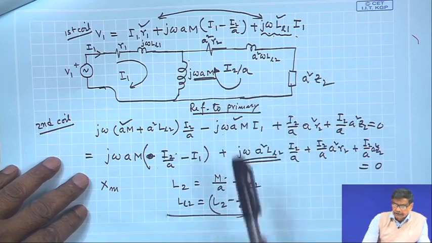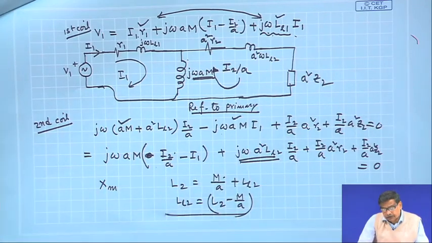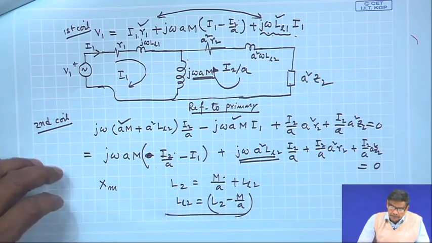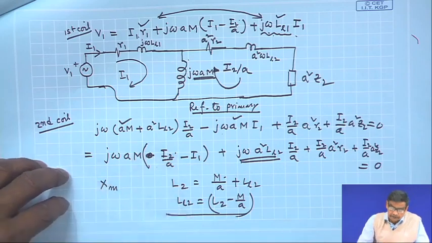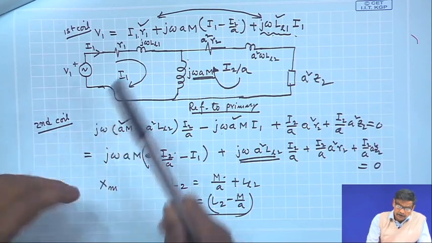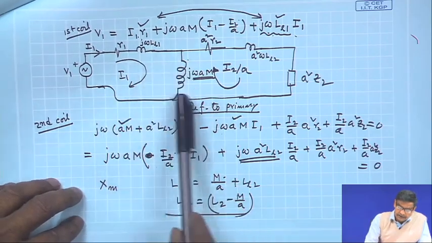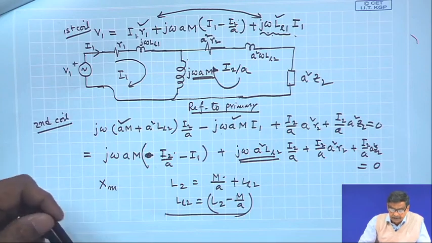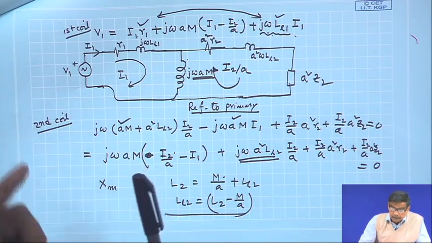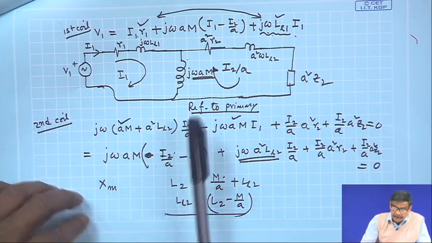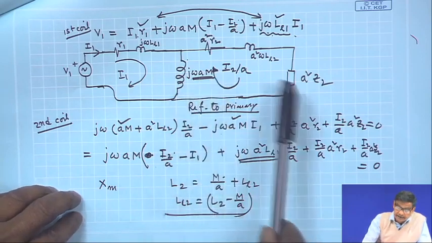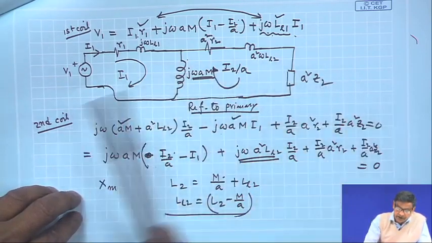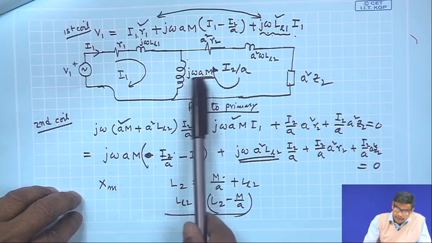And is it not the same equivalent circuit we got from physical considerations of a transformer? See, R1, and this is the leakage reactance, this is the mutual inductance, which we denote by Xm. But in terms of M, it is a into omega M, where a is the turns ratio N1 by N2.